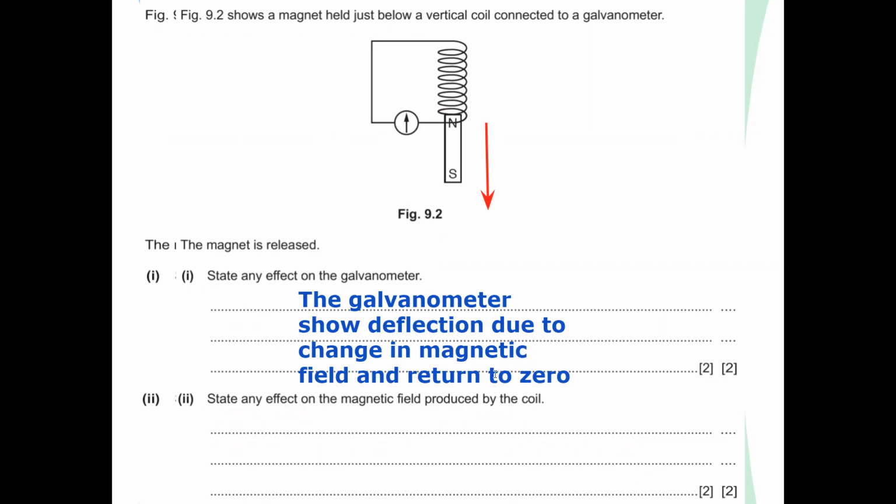State any effect on the magnetic field produced by the coil. What will be the effect?